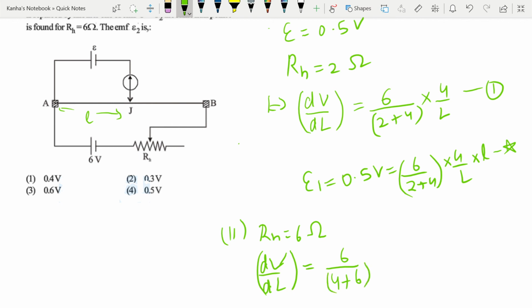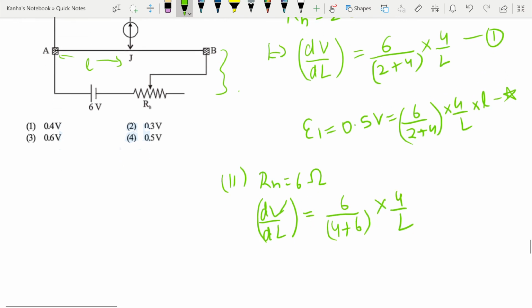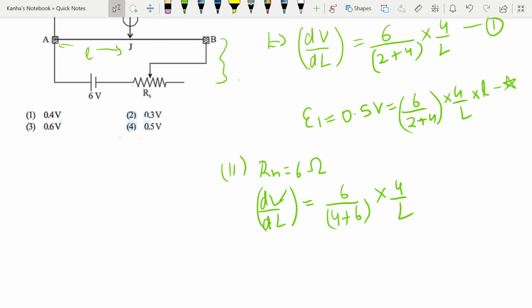For writing this, we consider this loop. So 6 by 4 plus 6, into 4 divided by L. Again, it is given that the null point remains the same when the RH is increased. So at the null point, we have epsilon 2 equal to the same expression.